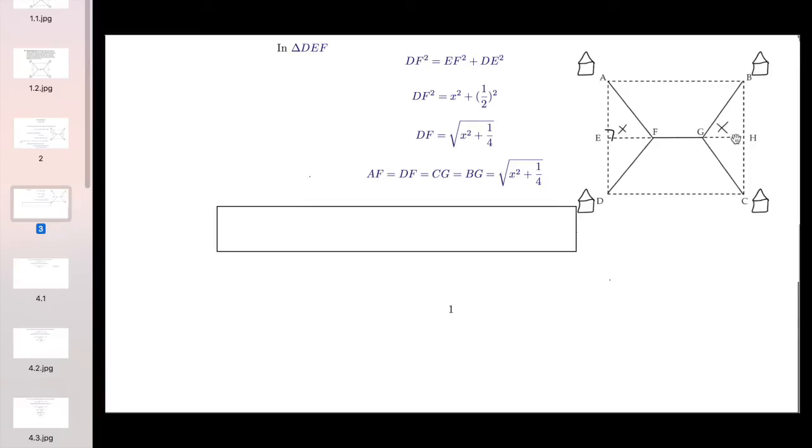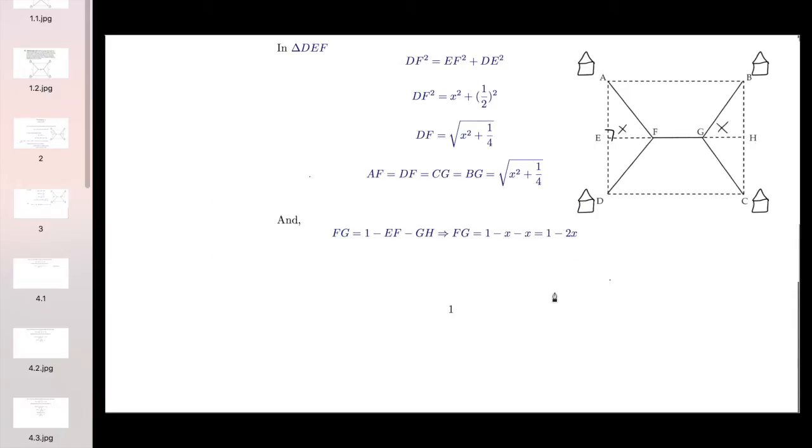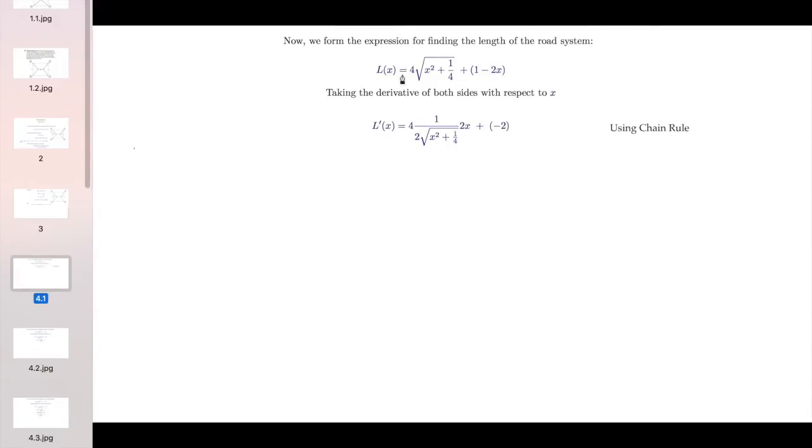Knowing that EH would be equal to 1, we subtract the 2 x's from the 1 and get 1 minus 2x. So now we have all the components of our function that we have found, and all that's remaining for us to do is plug it all back into the original function for the length of the road system. And so this is what we get.